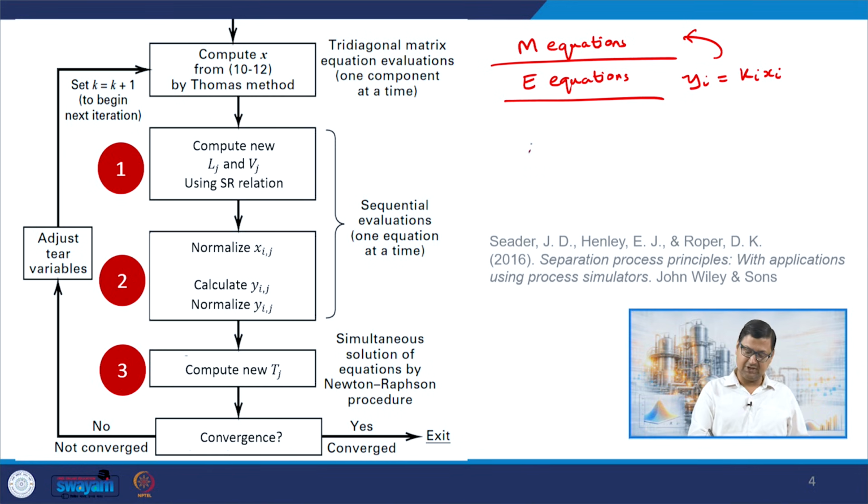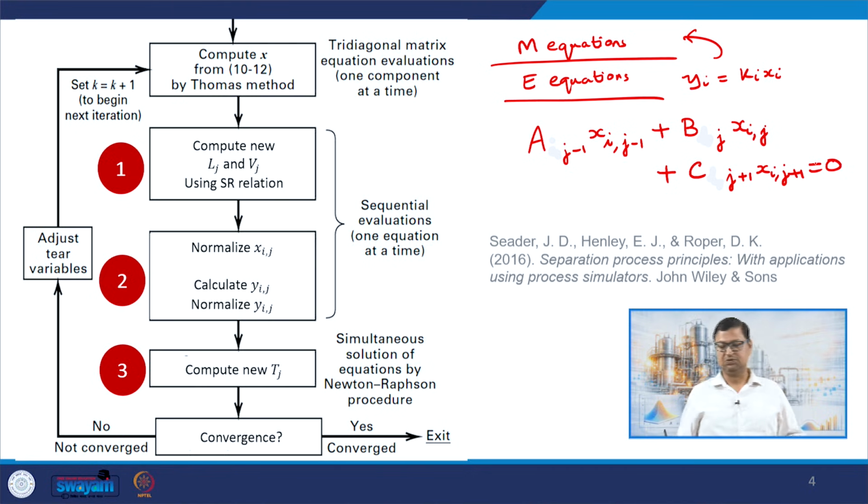And what we therefore get is a general equation of the form a_{j-1} x_{i,j-1} + b_j x_{i,j} + c_{j+1} x_{i,j+1} = 0.